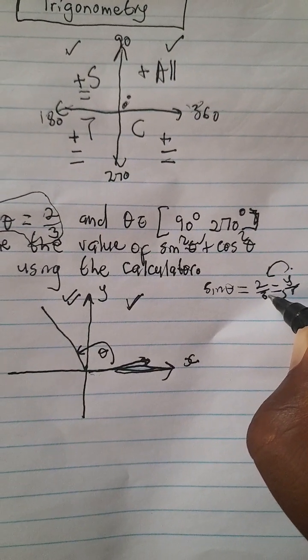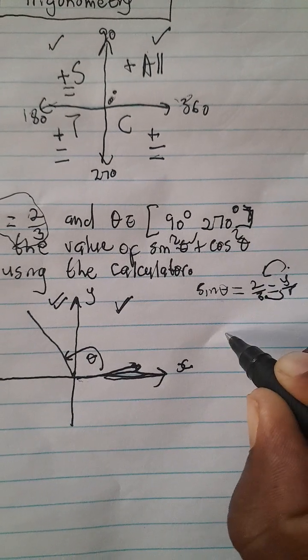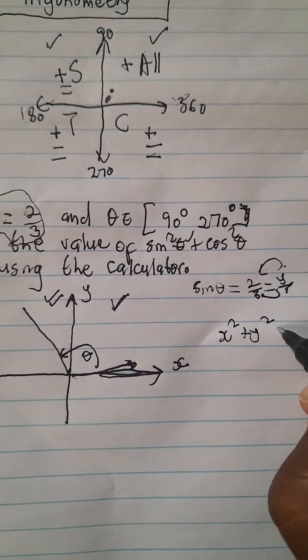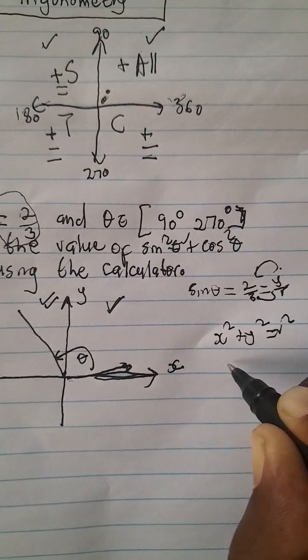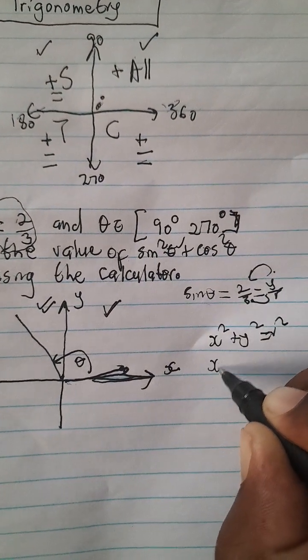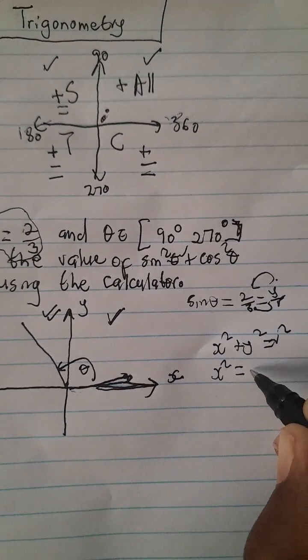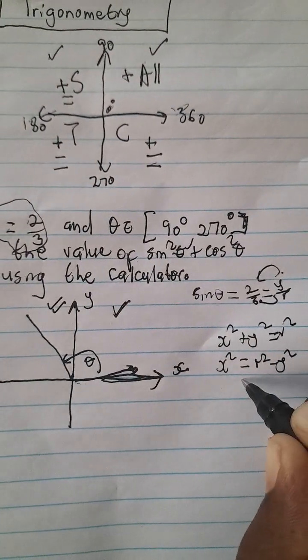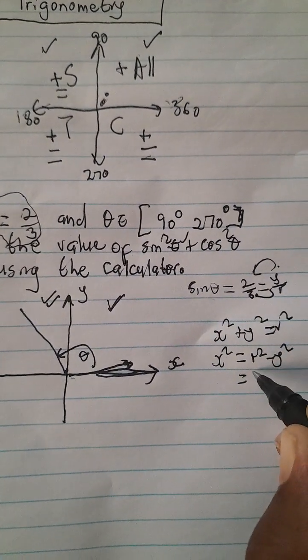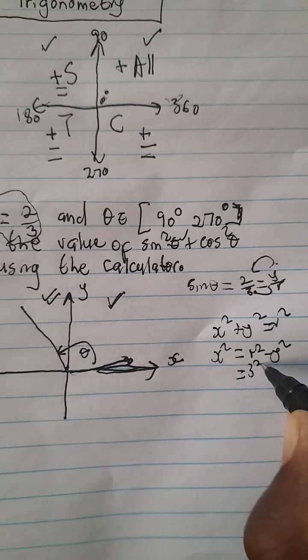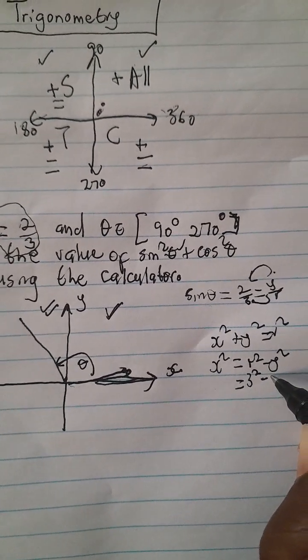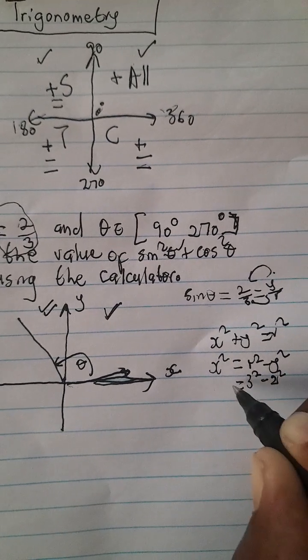Then if you use the theorem of Pythagoras, let's check what will happen here. This is x squared plus y squared, which is equal to r squared. And we're looking for x squared, so we need to know the y value. Our y value is given as 2, our r is 3, so this is 3 squared minus 2 squared.